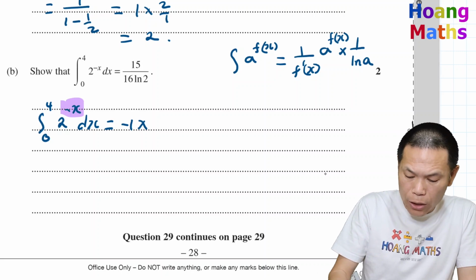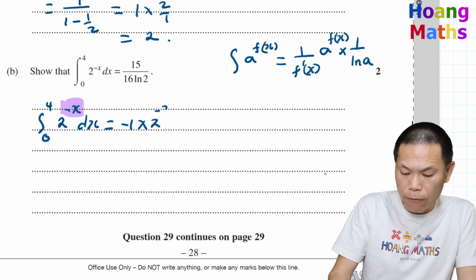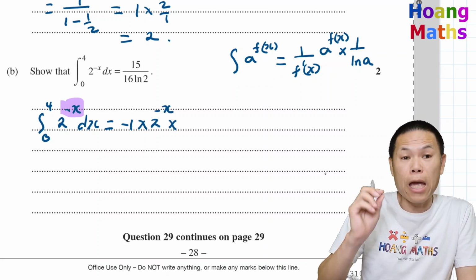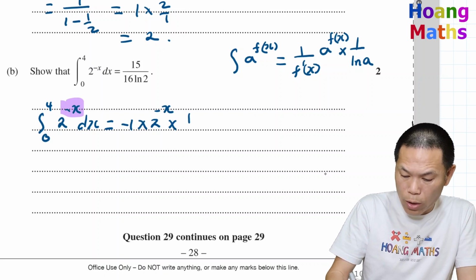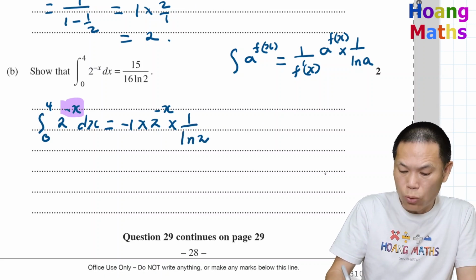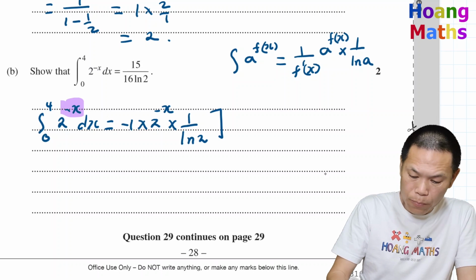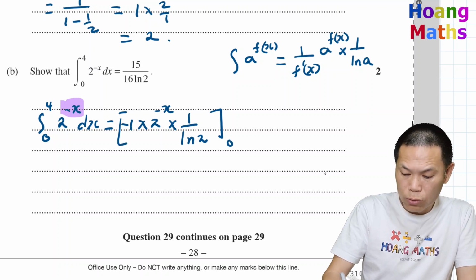Then we multiply by the function, 2 to the negative x, and divide by ln of a, which is ln of 2, so times 1 over ln of 2, evaluated from 0 to 4.